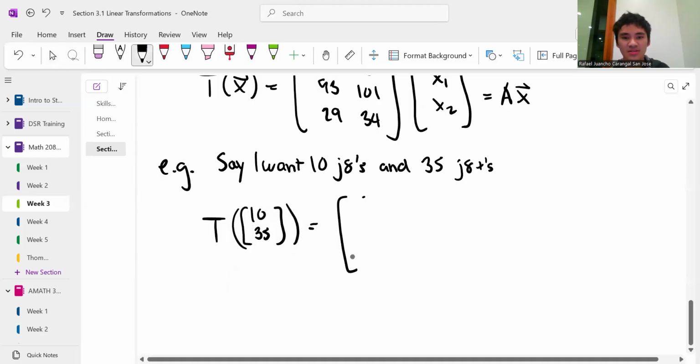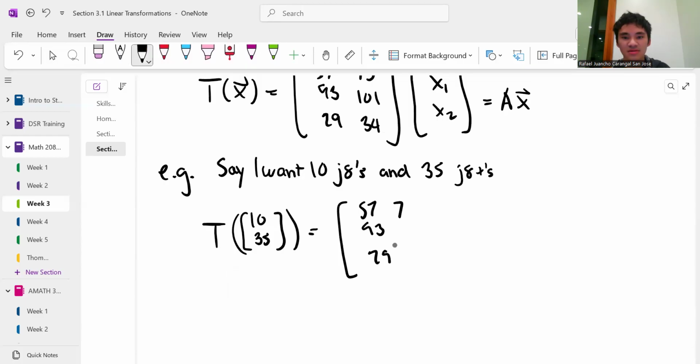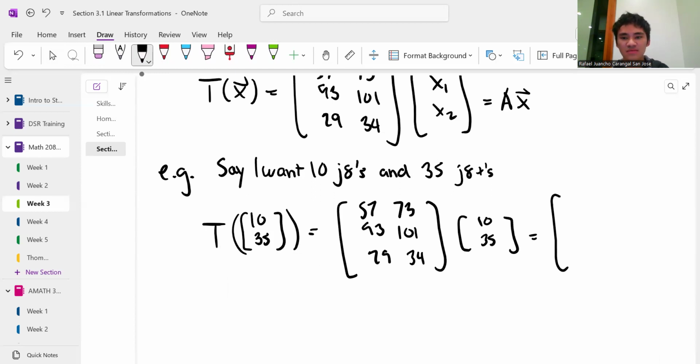And this is just the matrix 73, 101. Here we plug in 10 and 35, and we would get some value.